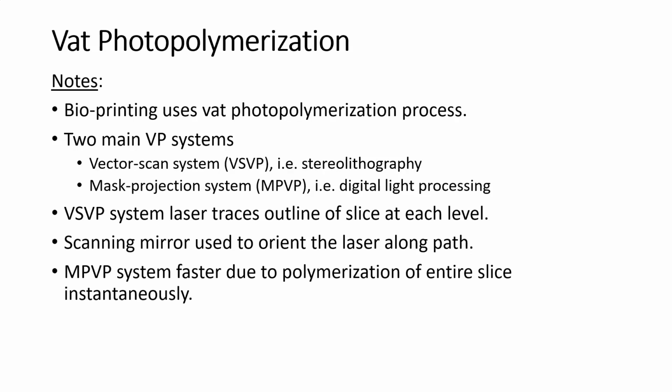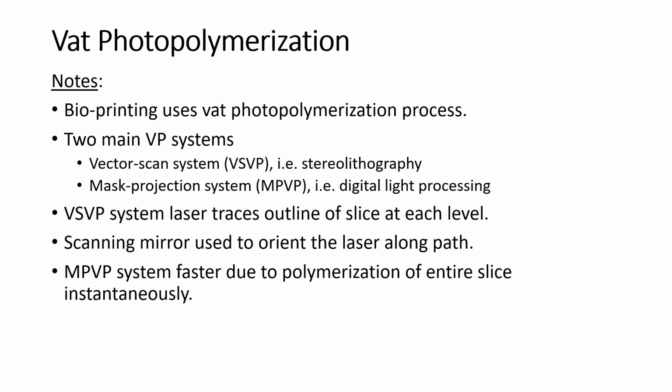The VSVP system laser traces an outline of the slice at each level. All right, and a scanning mirror is used to orient the laser along the path. So the laser is not being moved, right? The body of the laser itself is not being moved, but the laser light is being redirected by using a scanning mirror.